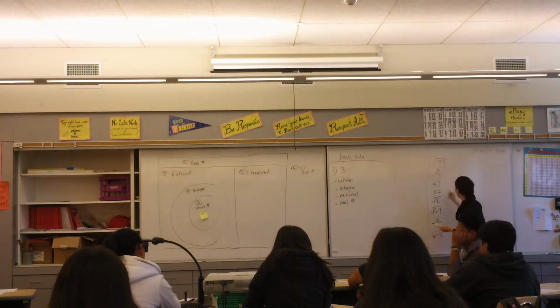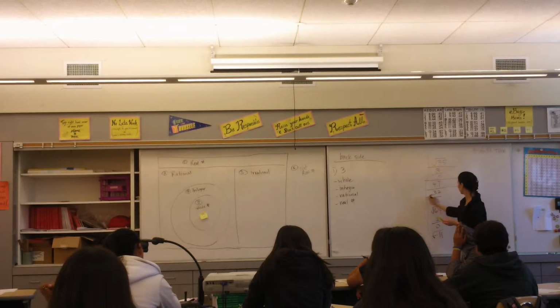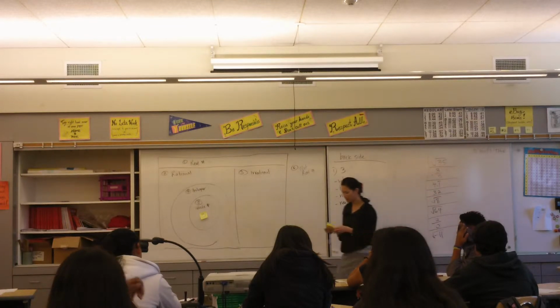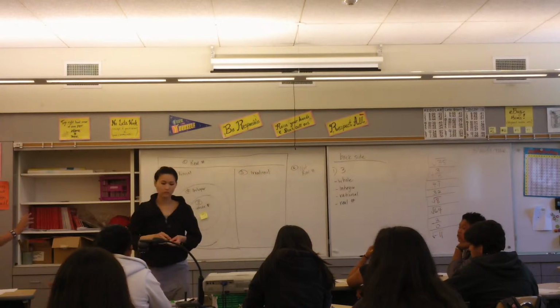Okay, there are 1, 2, 3, 4, 5, 6, 7, 8 of them. And I'm going to give them to random students. You are going to put it in the right spot.